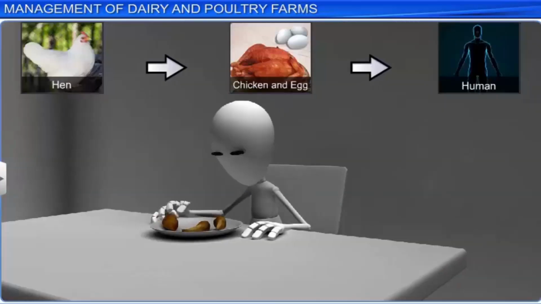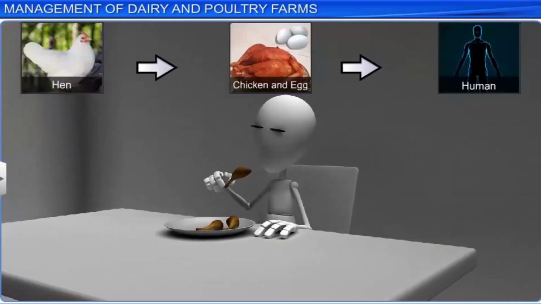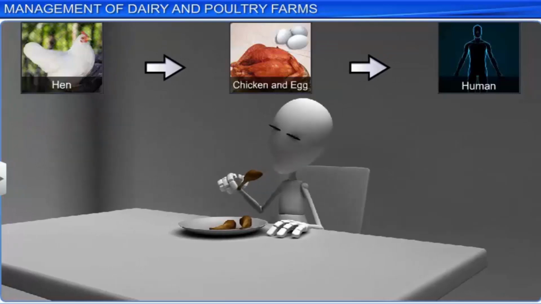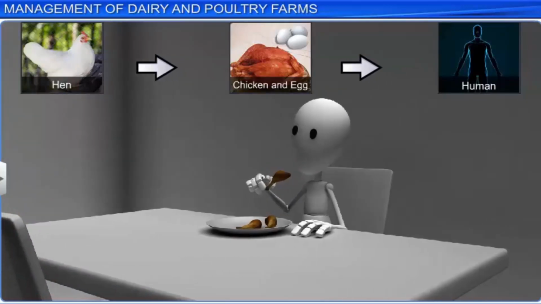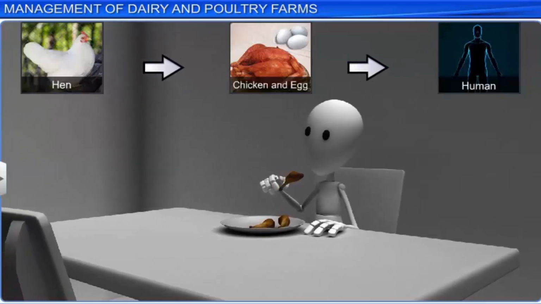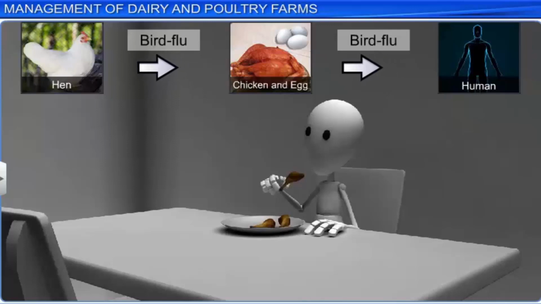Like milk, chicken and eggs are also consumed by human beings, which is how bird diseases spread to human beings as well. Bird flu or avian flu is a very common disease. If the chickens get infected by such diseases, they need to be properly culled and disposed of.